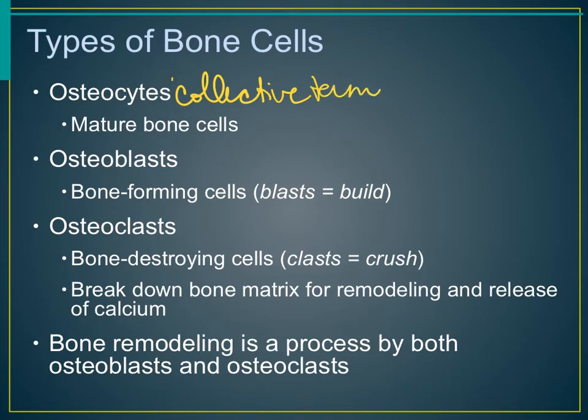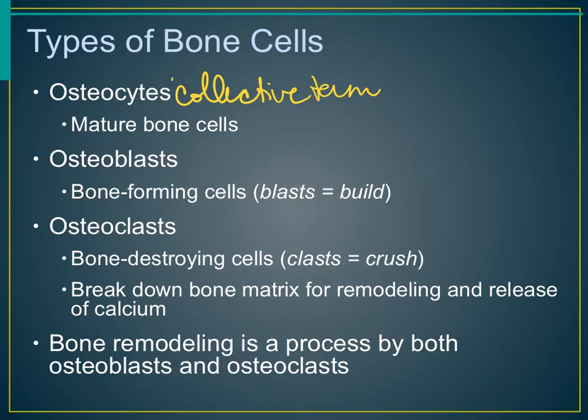Catch-all for bone cells. But then there are 2 specific types of bone cells that I want to mention. Those are osteoblasts and osteoclasts. So osteoblasts are bone forming cells. See, blasts build.